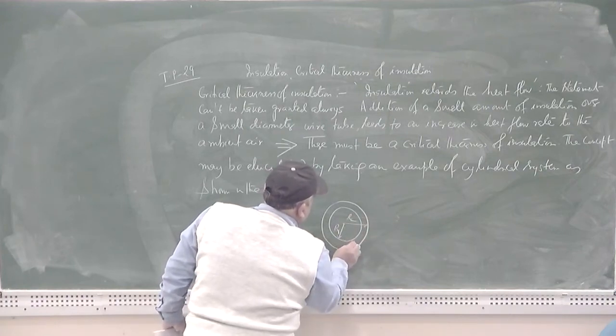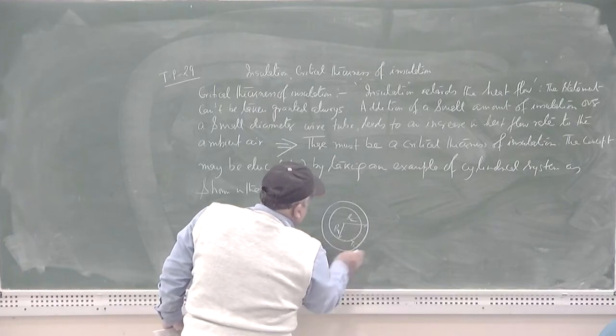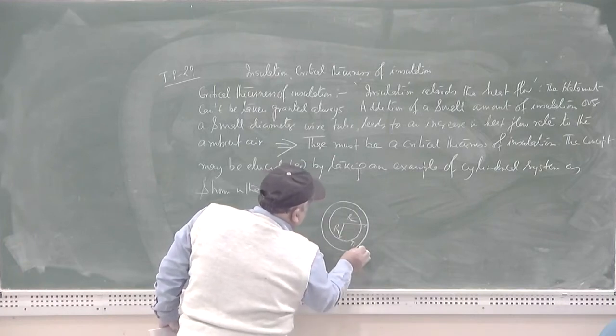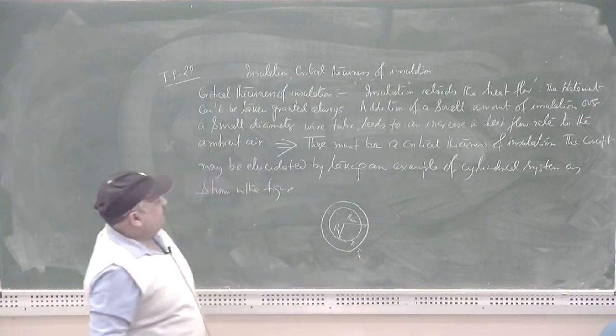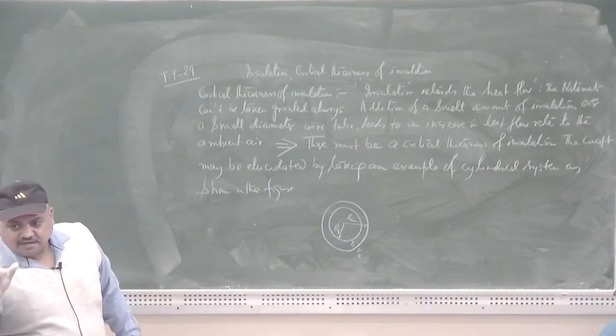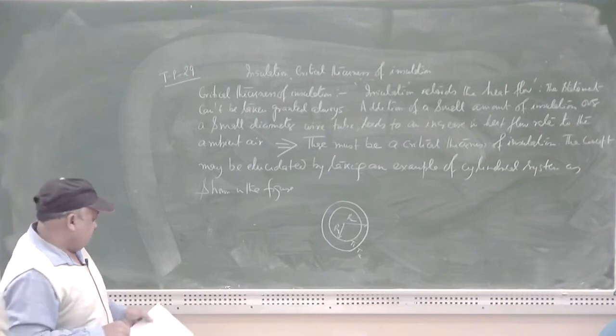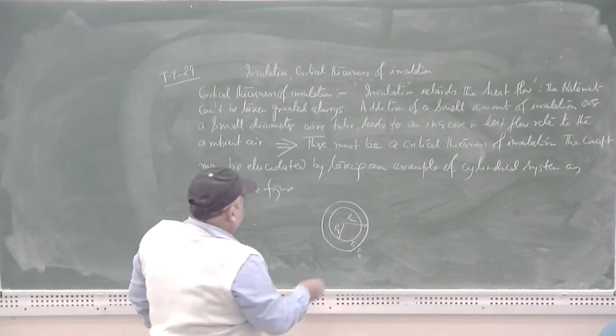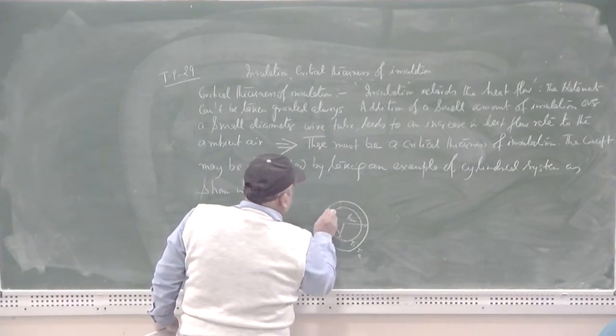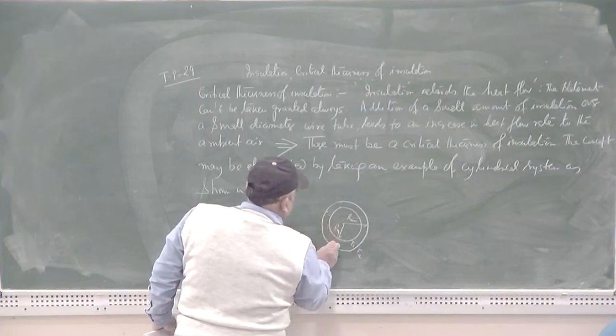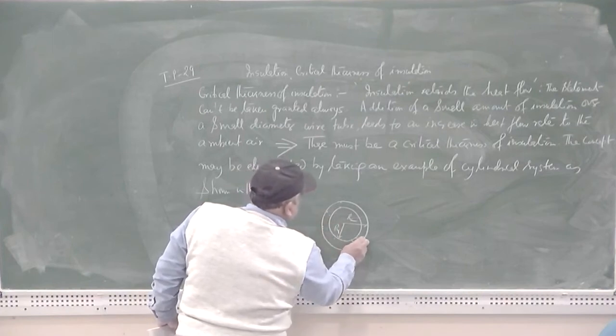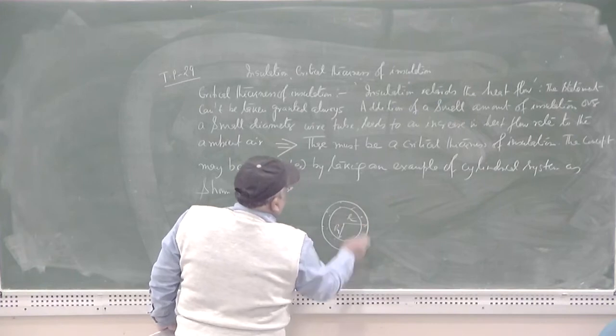This surface is at temperature T1, and this surface pertaining to R2 is exposed to the atmosphere. TA, let us suppose, is the ambient air temperature, and this is the insulation thickness.